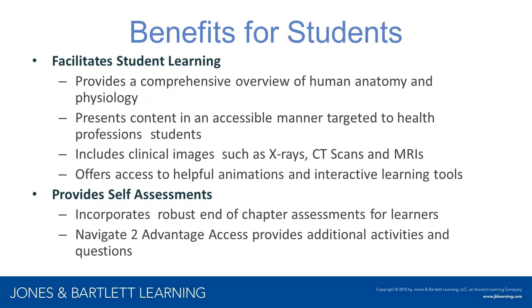And in Navigate 2, we have more than 3,000 multiple choice questions, different types of questions, matching questions, figure questions, and it also has a test bank for instructors. And more than 2,400 or 2,600 PowerPoints for all chapters.